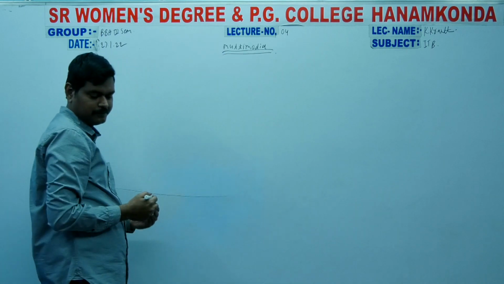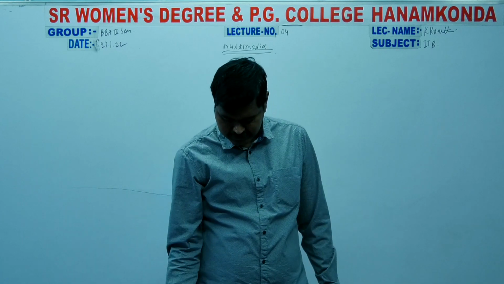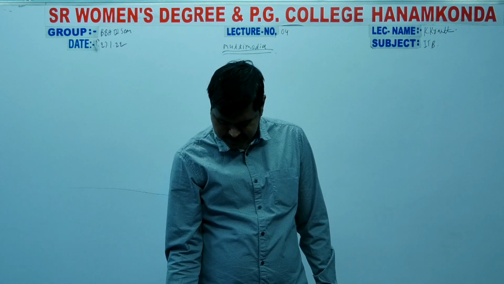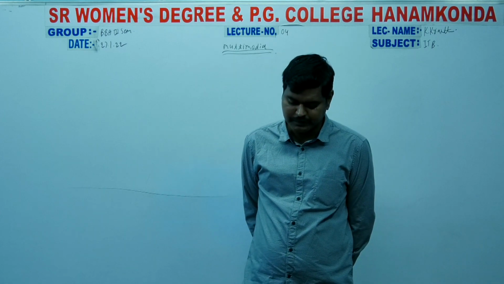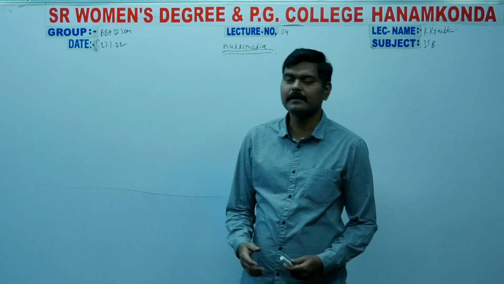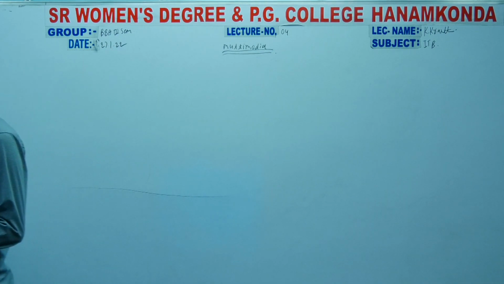So here comes multimedia. Multimedia is an interactive media which provides multiple ways to represent information. By using multimedia, we can represent our information in an attractive manner. For example, I want to display my data.